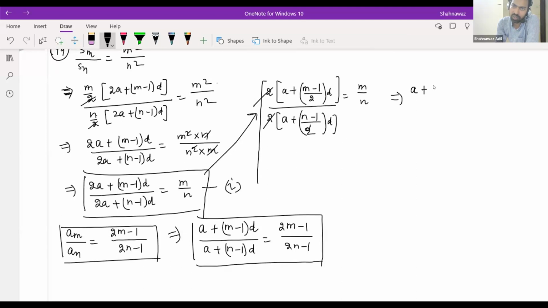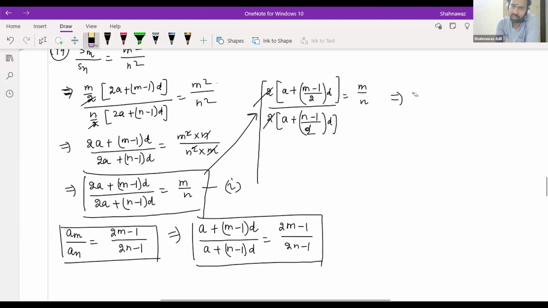So m minus 1 by 2 is changed to m, so m minus 1 is changed to m. So this would be how much? M minus 1 would be how much? This would be equal to 2n minus 1. So here minus 1.